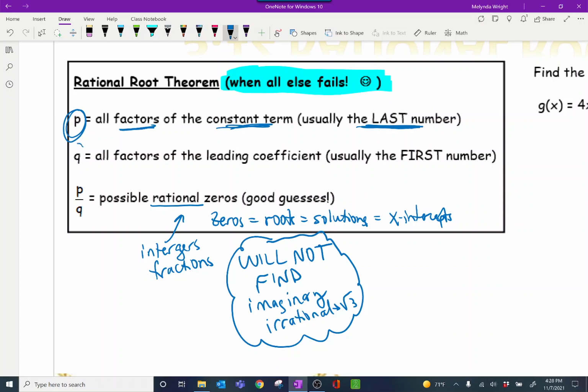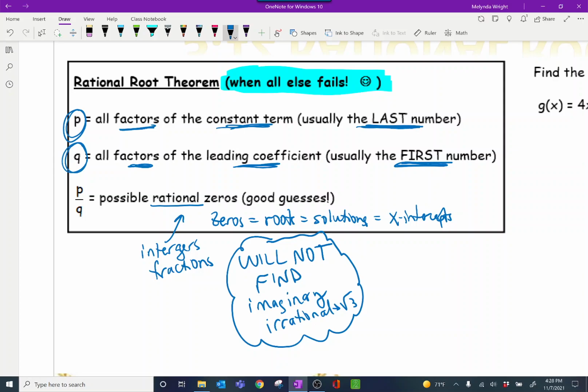And Q stands for all factors of the leading coefficient. Again, if it's in standard form, this would be the first number. Remember that vocabulary word, leading coefficient: that's the number in front of the variable with the highest power. So those are those definitions.